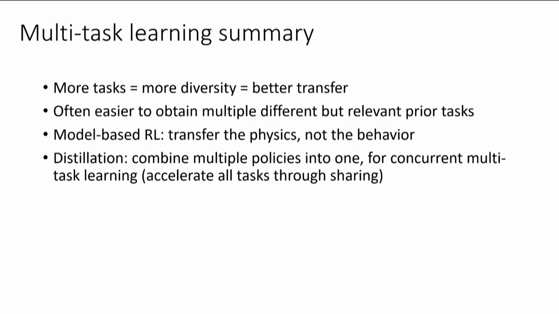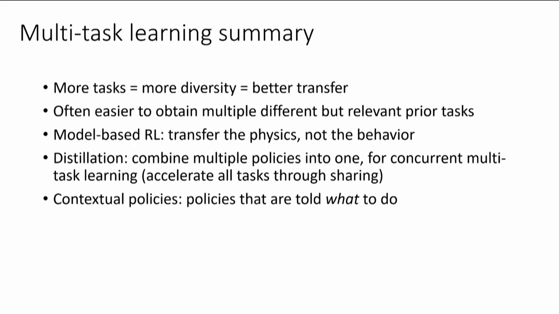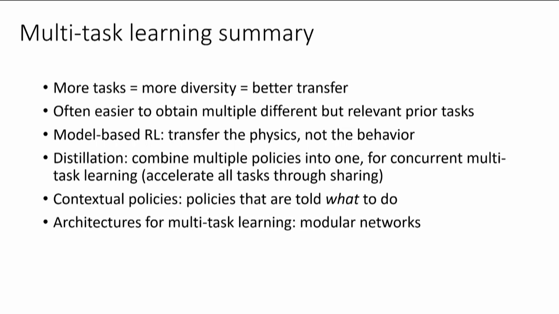You can do distillation to combine multiple policies into one policy. If it's ambiguous from the input what you're supposed to be doing, like with the dishes and the laundry, then you can use a contextual policy where you give it additional input to tell it which task it's supposed to be doing at any given time. And you can choose special architectures that make use of modularity, especially for the case where you have different size inputs and different size outputs.